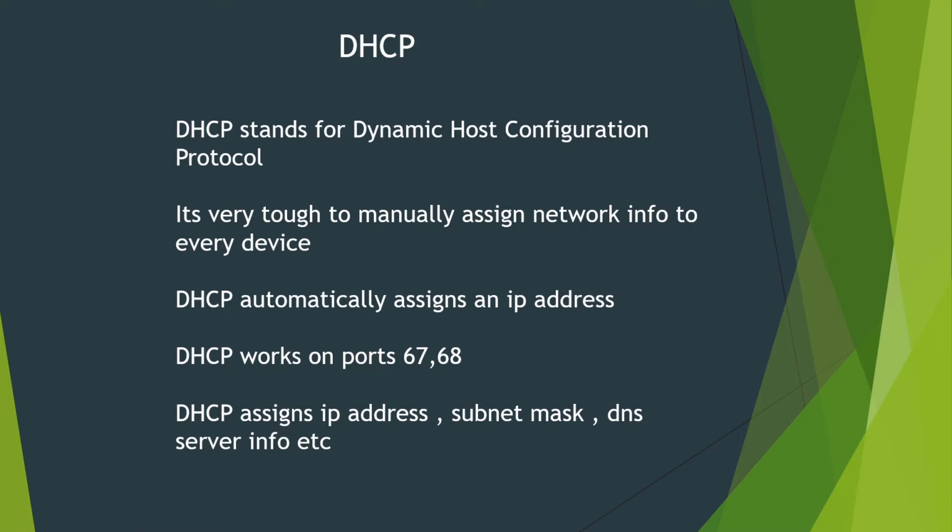Like on startup, DHCP assigns the IP address, and DHCP works on ports 67 and 68. Port 67 is for the DHCP server, and 68 is for the client's requests.